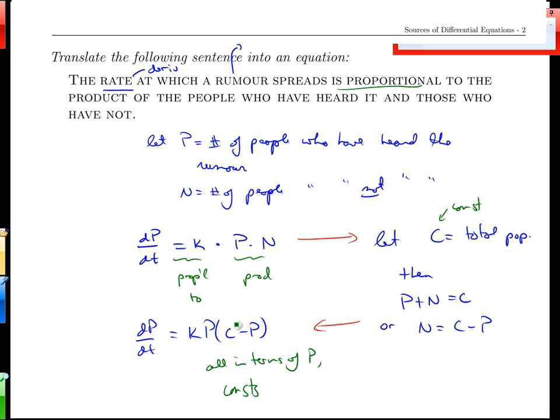So this is a classic differential equation in population biology and sociology, and we're going to actually explore this more thoroughly as we go through this unit. For now, we'll settle for having written it out based on some premise of some argument about how rumors spread and how it shows how we're able to use that to create a differential equation model that captures exactly that idea of how a rumor spreads.